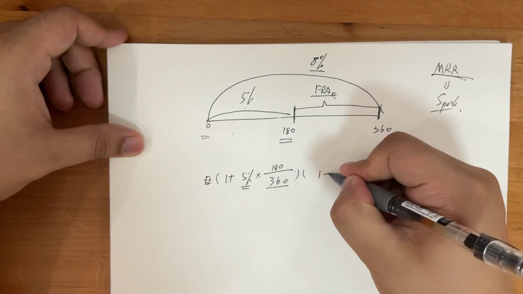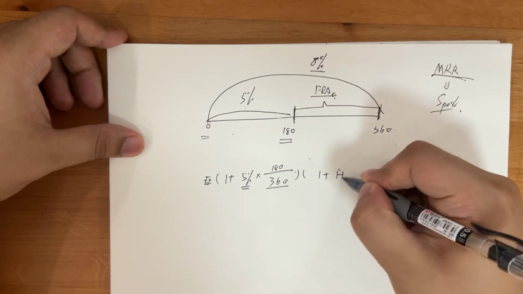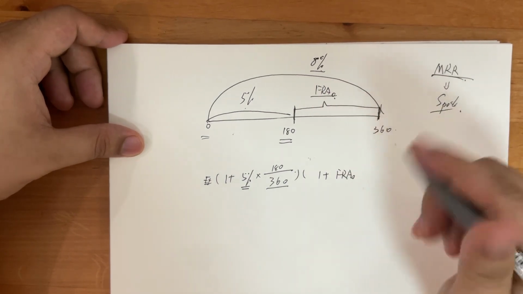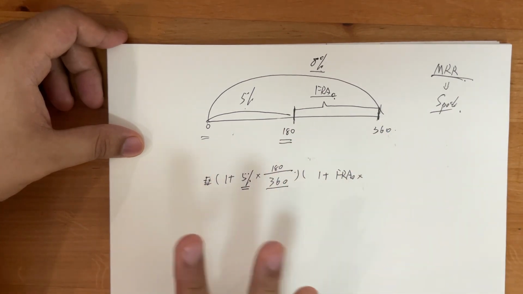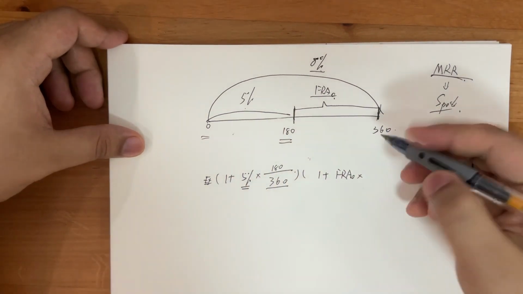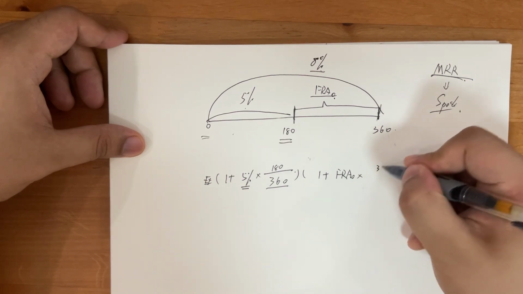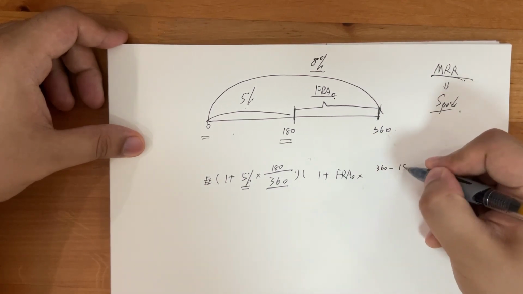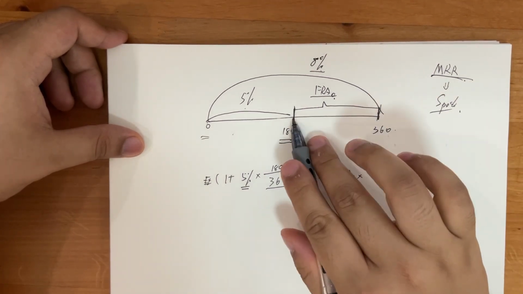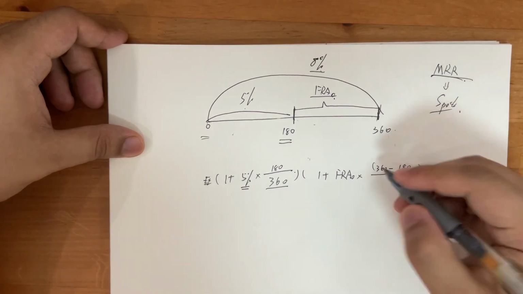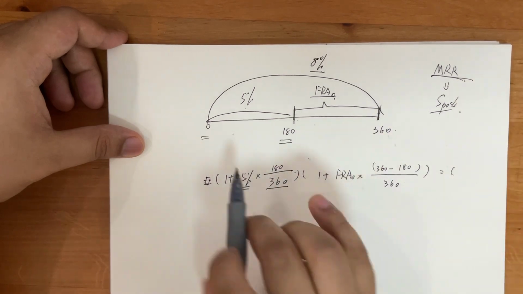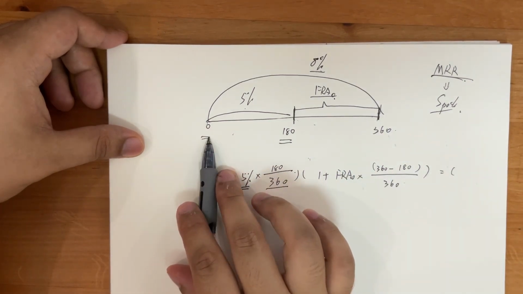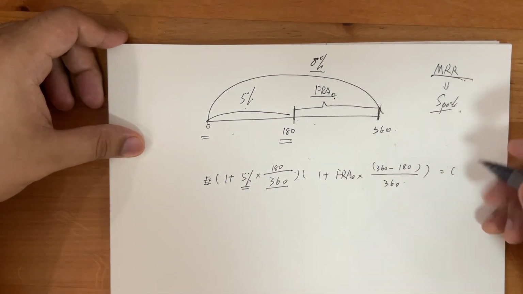So 1 plus FRA 0, but you need to remember the FRA has that specific period: 360 minus 180, so the time frame here, divided by 360. That is as if you enter at time 0 all the way to 360.